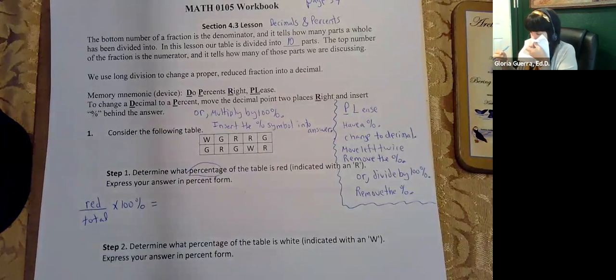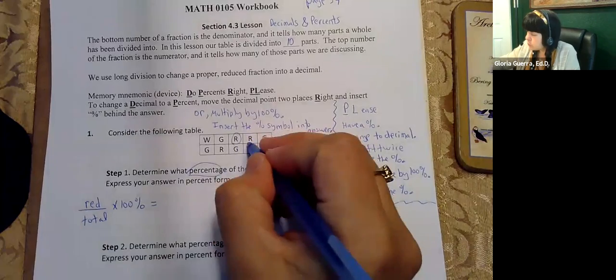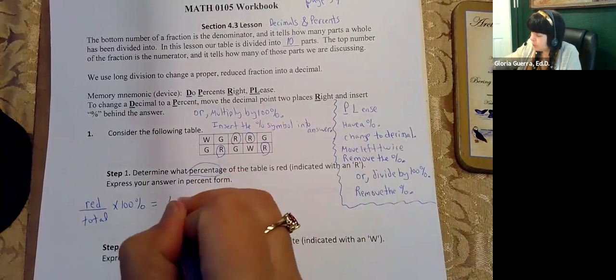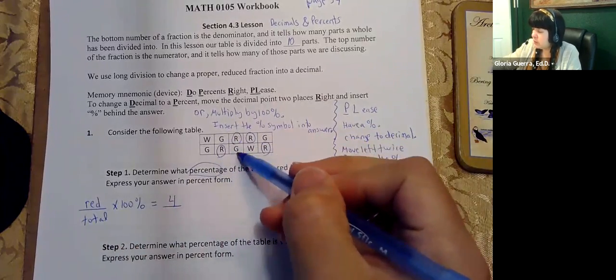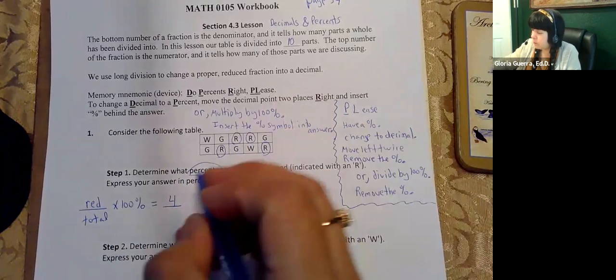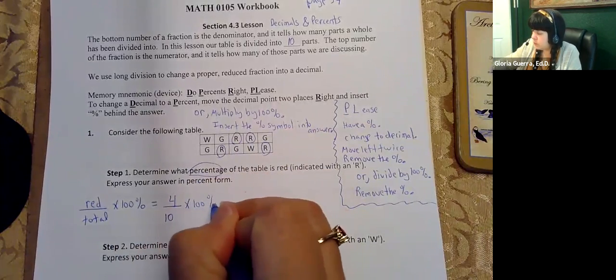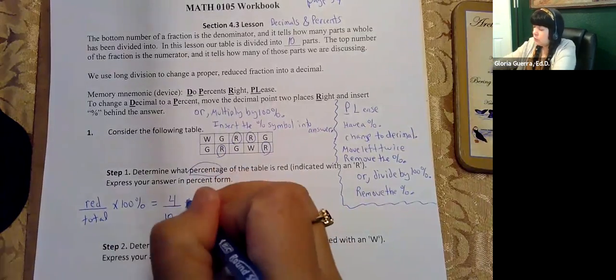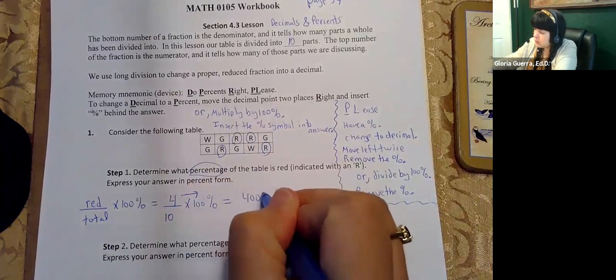If I count red, I have 1, 2, 3, 4. So it looks like I have 4. And the total, I believe, is 10: 1, 2, 3, 4, 5, 6, 7, 8, 9, 10. Then I can multiply that by 100%. Multiplying across, 4 times 100 is 400, and you have percent.